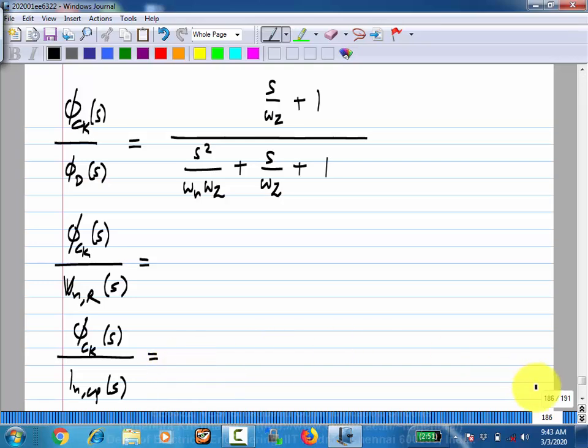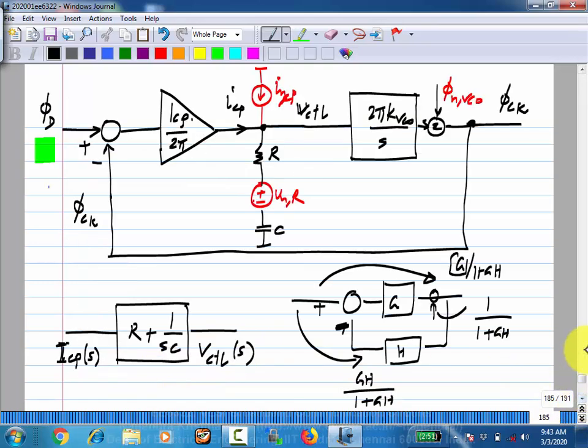What about phi ck by I n Cp? Because this can be transformed to this side. It's the same as adding I n Cp divided by the phase detector gain, which is transition density times ICP by 2 pi.